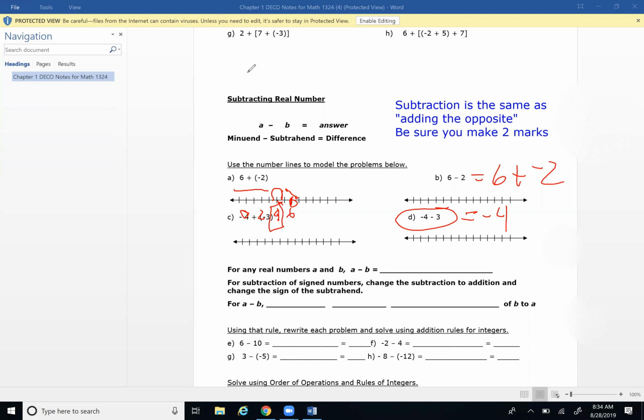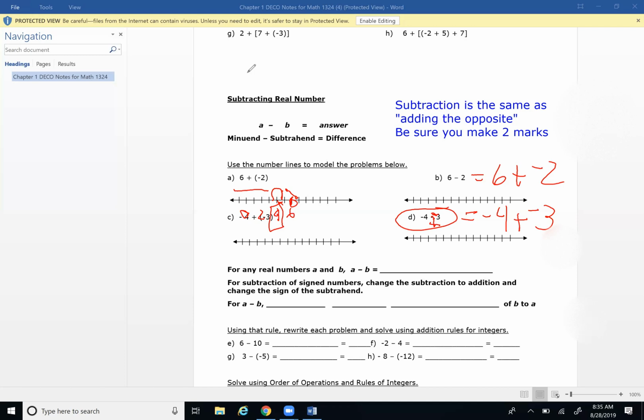What would I write next if I want to change that to adding the opposite? Plus -3. The shortcut to that, when I say make 2 marks, is that if I change the minus into a plus and then stick another little minus in front of the 3.